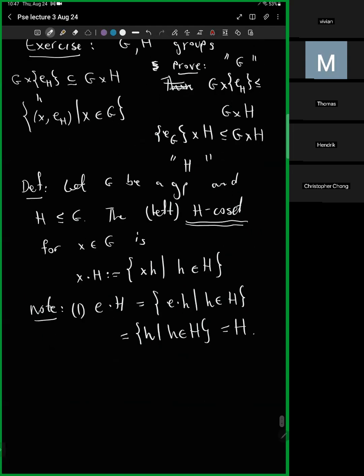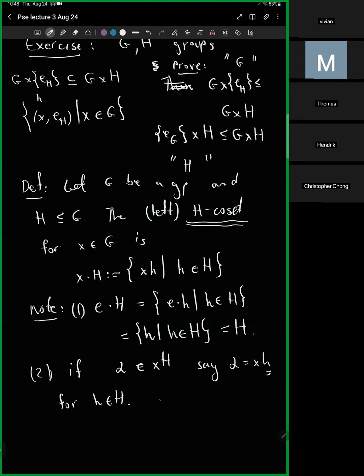Second, if I have alpha in xH, say alpha is equal to x times h for h in H, then this lowercase h is unique.